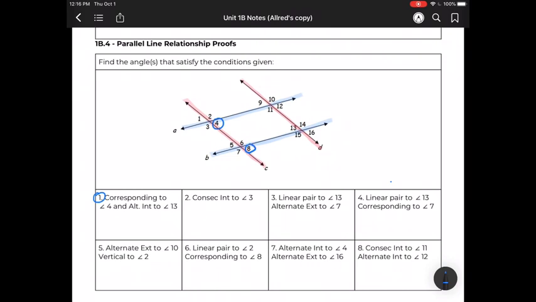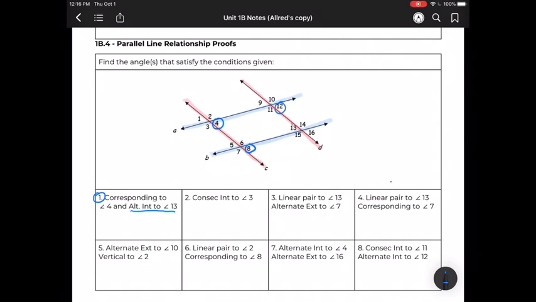Angle 8 could be a corresponding angle to 4 because they're both to the right of line C, or kind of above line C, and they're both below each of these other two lines, A and B. But also, angle 12 is a corresponding angle to 4 because angle 4 and 12 are both below that blue line, below line A, but they're both kind of above and to the right of their individual pink lines C and D. So we have to figure out which one of those is also an alternate interior angle to 13.